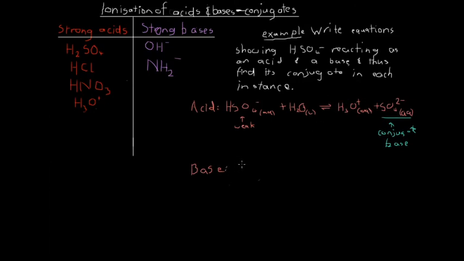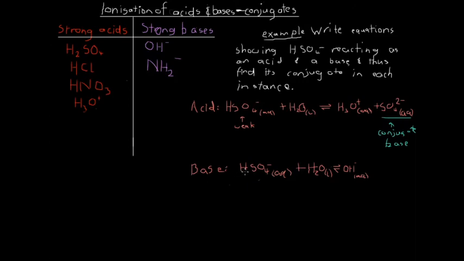Okay, so if we have hydrogen sulfate and water, then again we're going to have this double arrow. And we know that it's acting as a base, so it's going to produce a hydroxide ion.